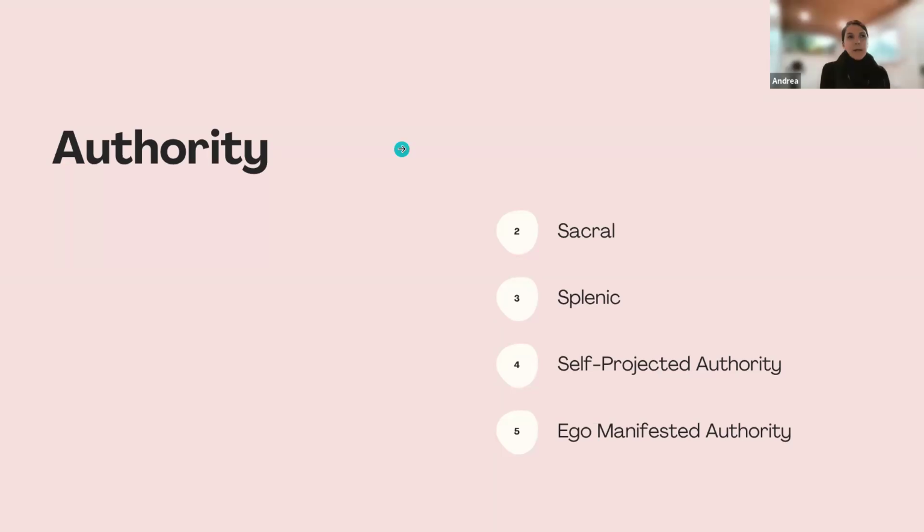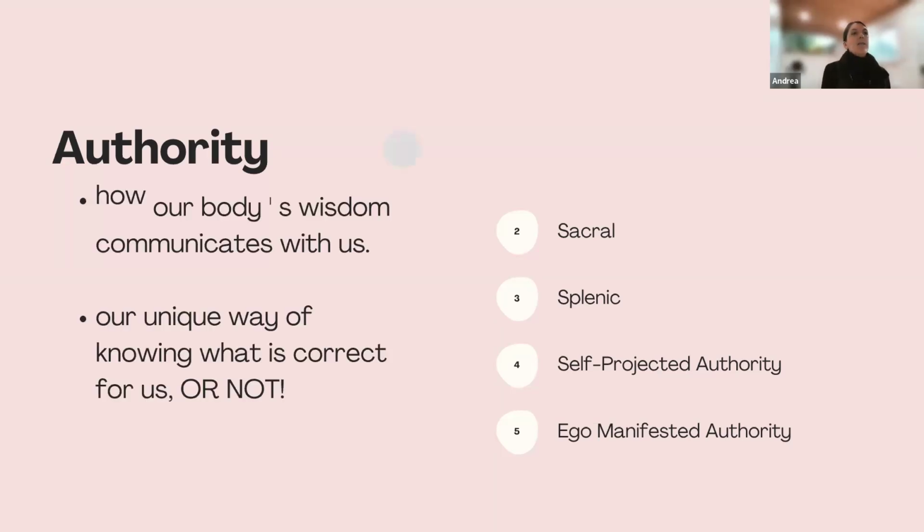Okay, so next we're going to talk about authority, which, based on human design, is how our body's wisdom communicates with us. It's our unique way of knowing what is correct for us or not. There's 5 different types of authority that we're going to cover today. And this is based on the centers that you have defined.